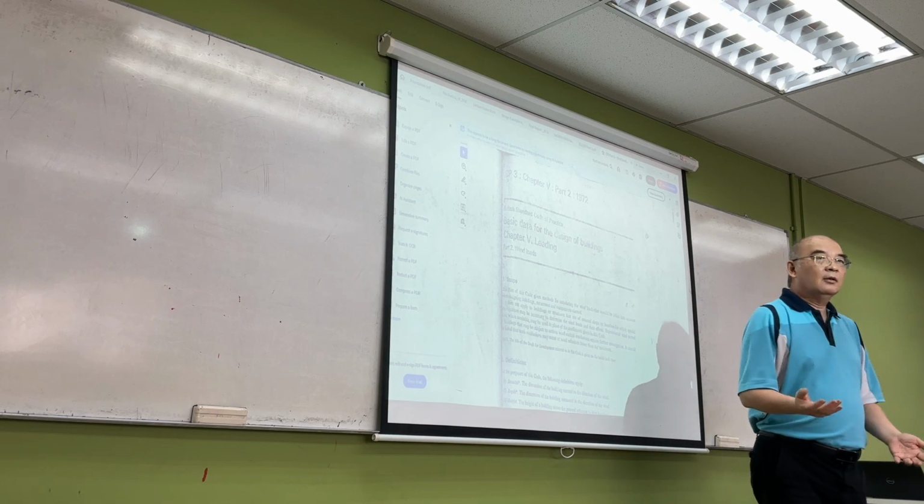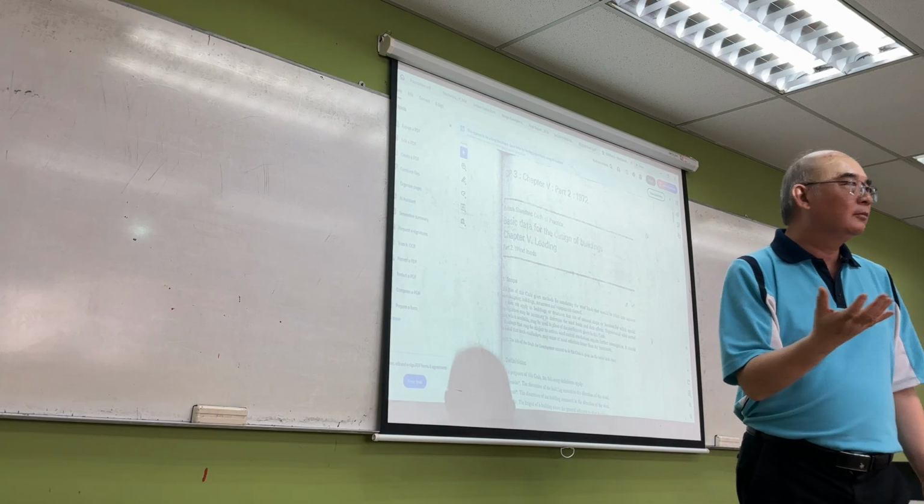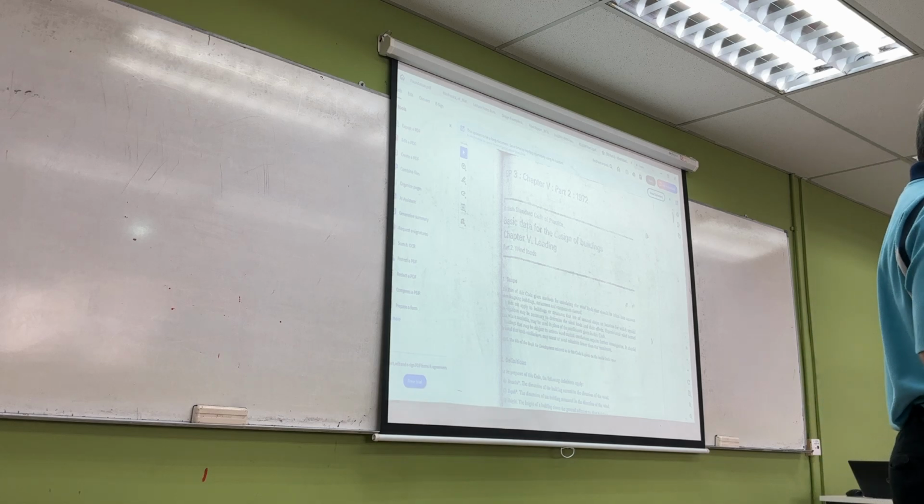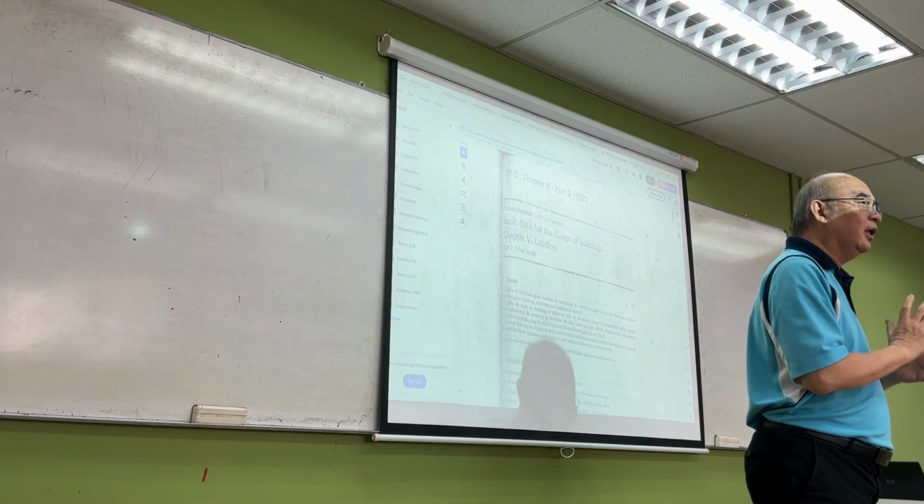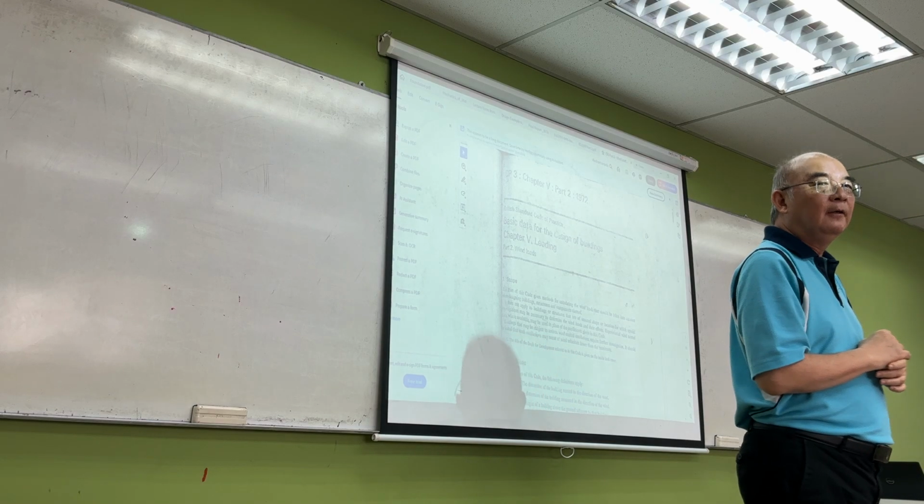So the question now is, where do we get the wind data? Where do we get the wind speed? How do we measure the wind speed? Now, the wind speed is a very complicated thing.